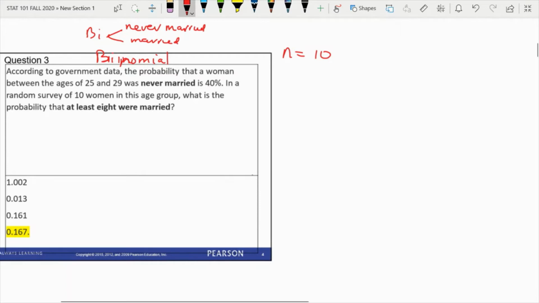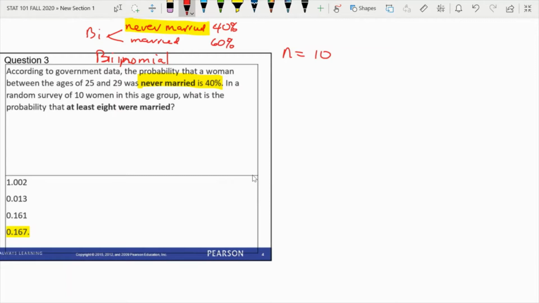Once they say 40% were never married, it automatically means 60% married. That's the implication. So binomial usually has only 2 categories. Usually the person will give you only 1 category and then you come out with the other category.